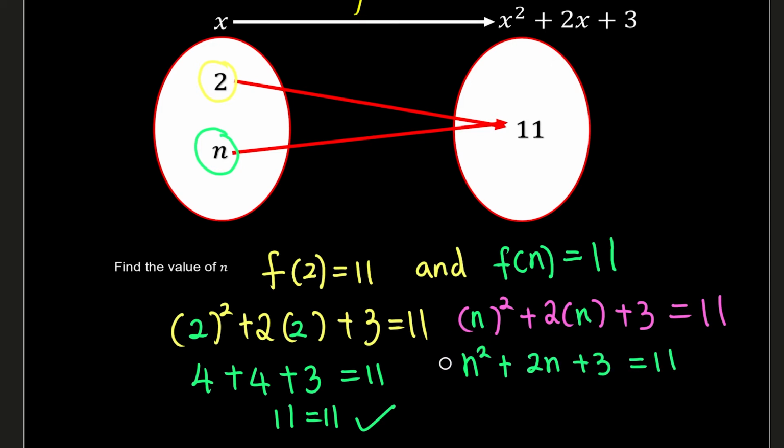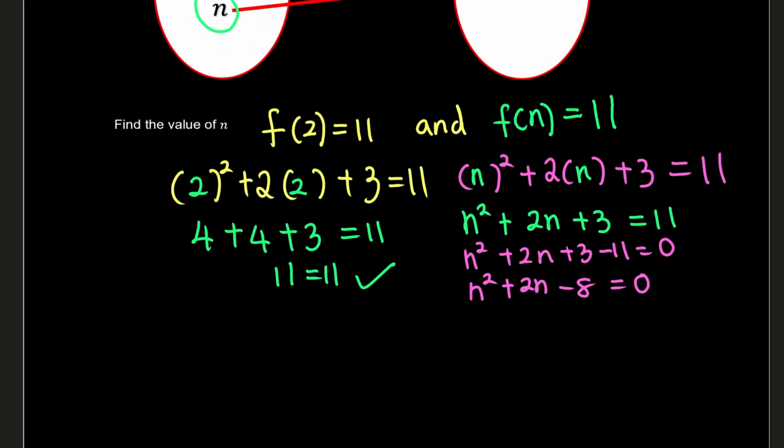But can you see that this has a power of 2, a power of 1 and a number? So this is going to be a quadratic equation. We're going to solve the quadratic equation, making the right hand side become 0. Plus 3 minus 11 equals 0. n squared plus 2n minus 8 equals 0.